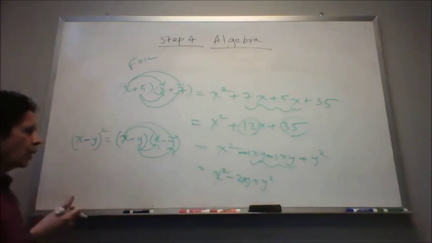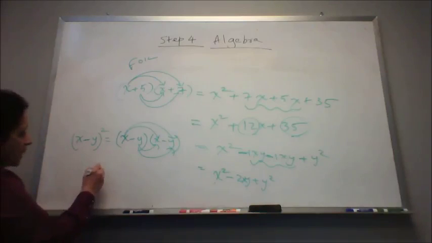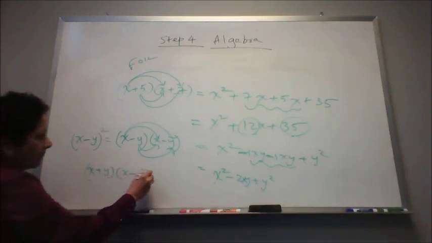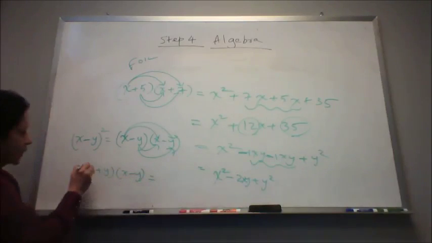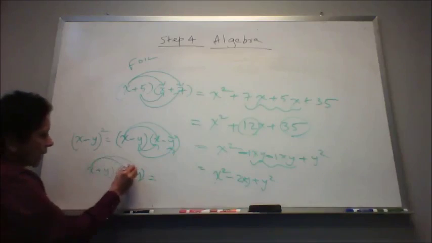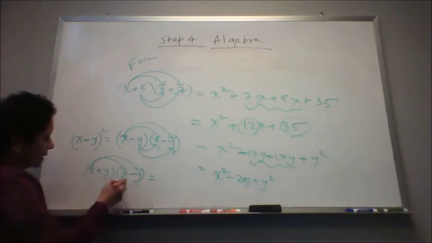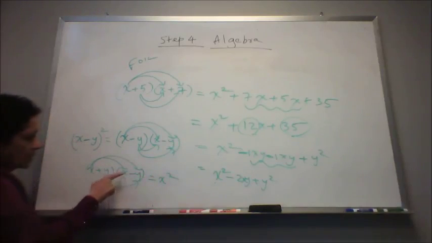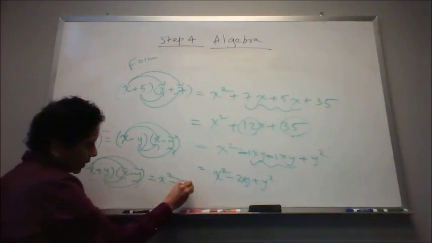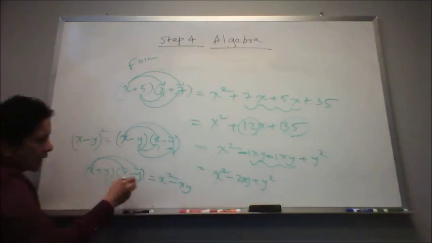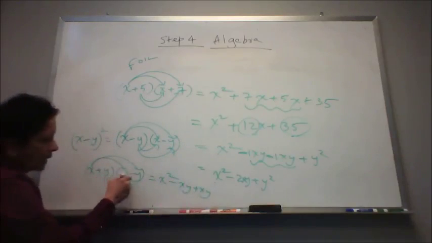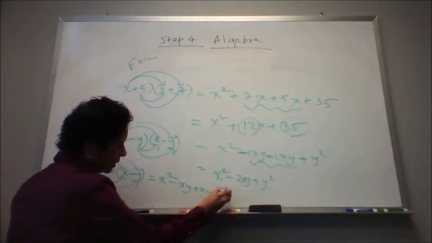Then another important one is if I multiply x plus y times x minus y, if you use the FOIL method, so you do this, and then you do that, and then you do this, you do that. So x times x, x squared, then x times minus y, that's minus xy, y times x, that's the same as xy, and then plus y times minus y, that's minus y squared.